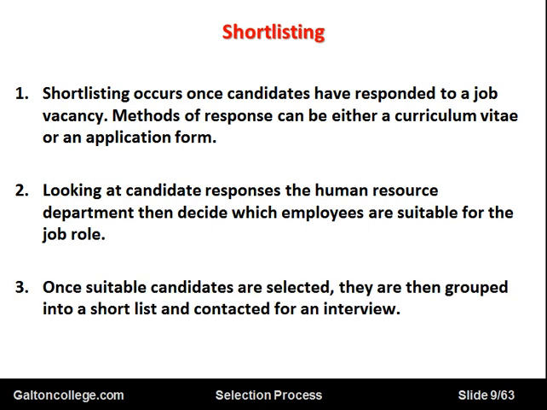These are the ones who are particularly suited to do this particular task. Once suitable candidates are selected, they are then grouped into a shortlist and contacted for an interview. So the shortlisting process just cuts down on the numbers, finds the people who are most appropriate for the task that's advertised.